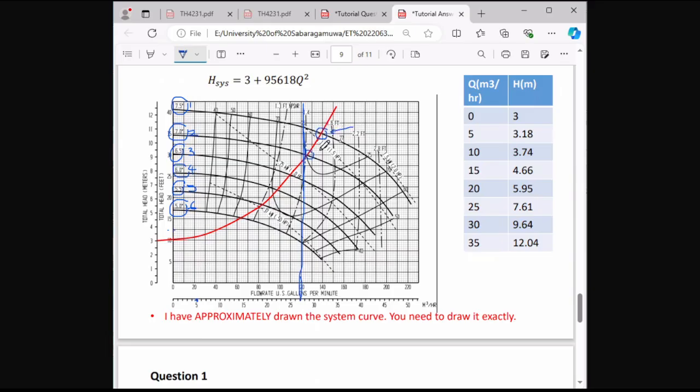These are operating points. When you use the 7.5 impeller, you will receive the operating point as this point. When you use the 7-inch diameter impeller, you will receive the operating point as this point. Okay.